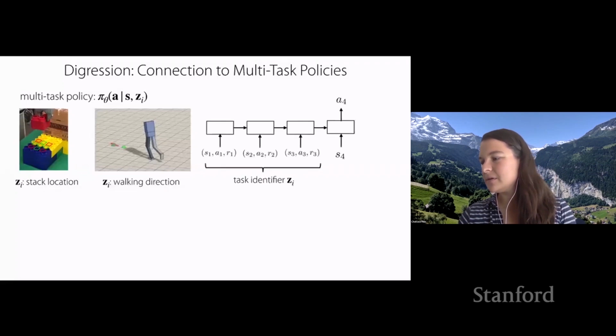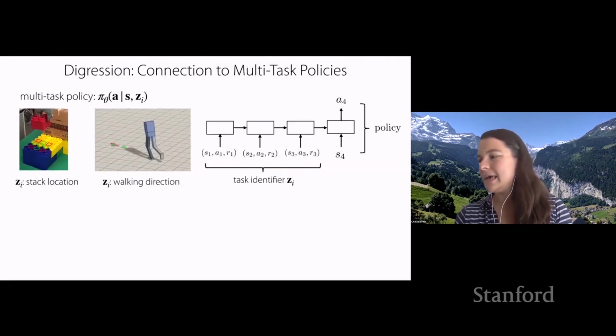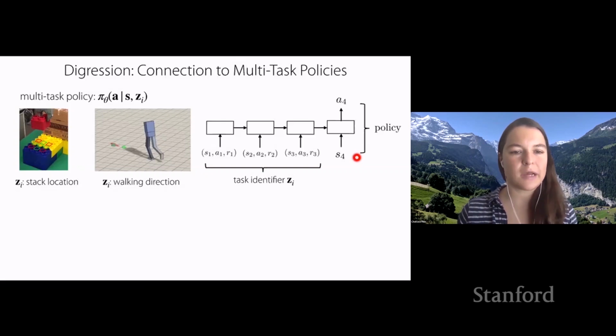And in this meta-RL setting, in some ways you can view this experience as some context that tells you what the task is, and then the last part of it as your policy. Essentially, you can view data as another way to express information or identifiers about the task.